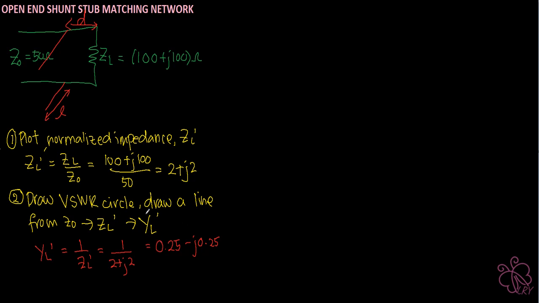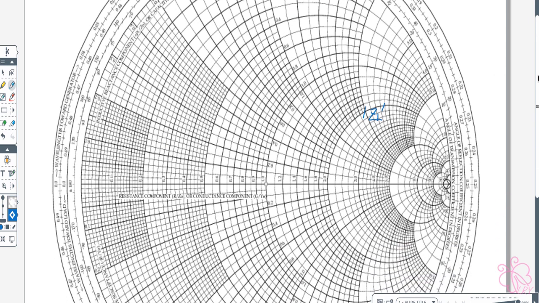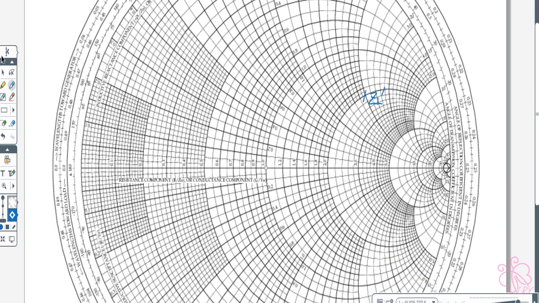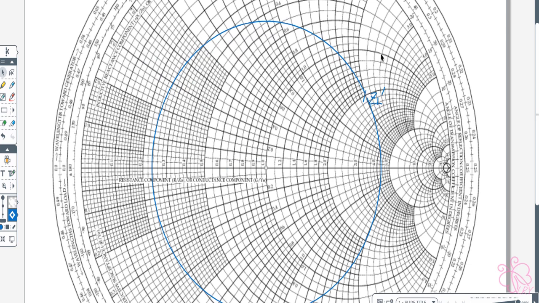So we want to measure it on our Smith chart. First we have to draw our VSWR circle. Use our compass, put it in the middle at our Z0, place our pencil at our ZL prime and draw the circle. So we have drawn our VSWR circle.